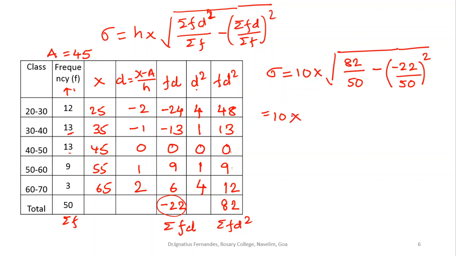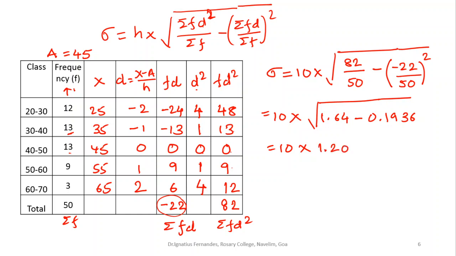So it is 10 into square root of 82 upon 50, which is 1.64, minus minus 22 upon 50 and then the square of that, which comes to 0.1936. So I subtract 0.1936 from 1.64 and then take its square root.